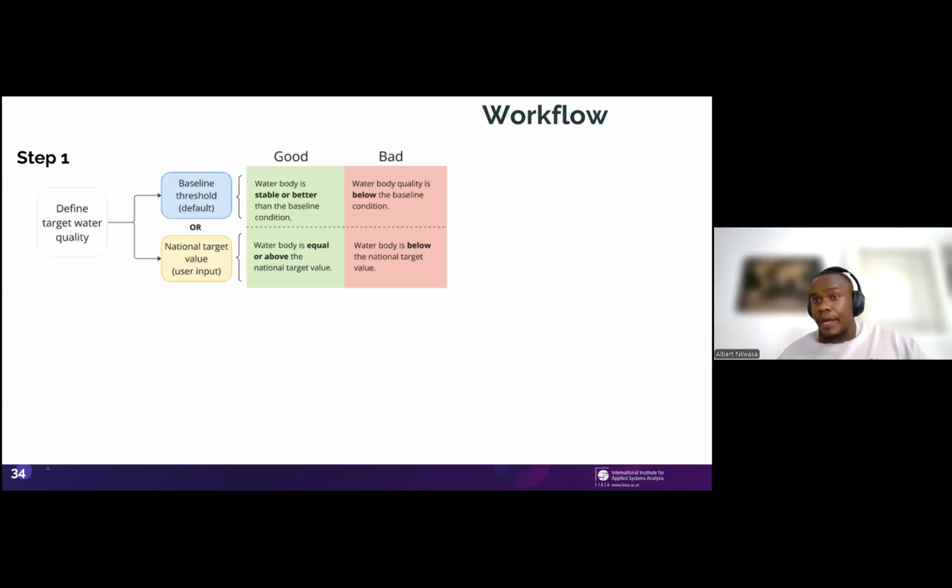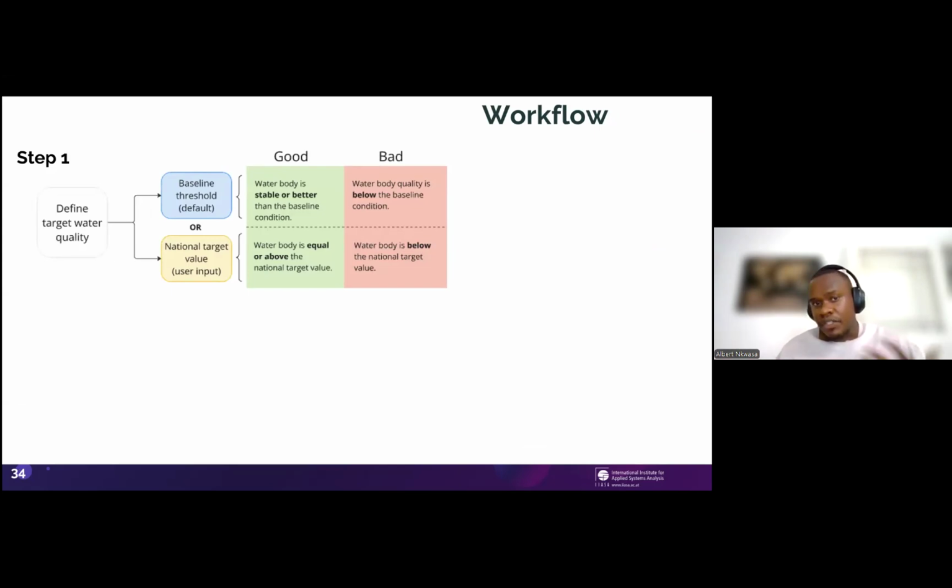The way we went about using remote sensing is that ideally you define a target water quality, and this could be through a baseline, threshold, default, or a national target value if you have it from the national database. And the water body is considered good or stable if it's better than the baseline condition, or, if you're using the target value, if it is equal or above the national target value.